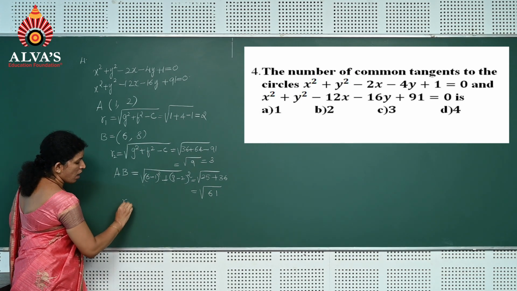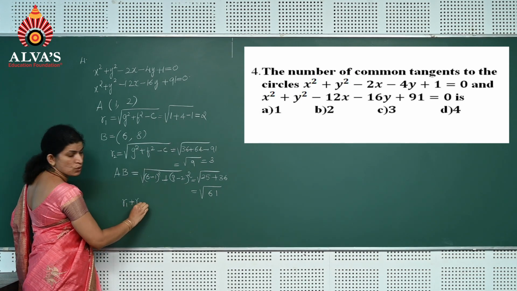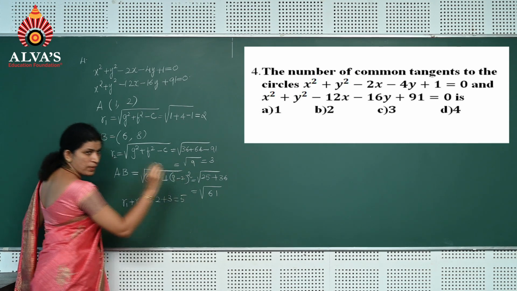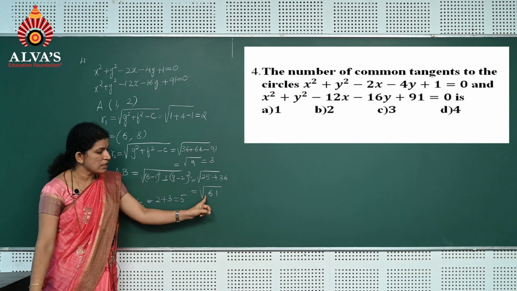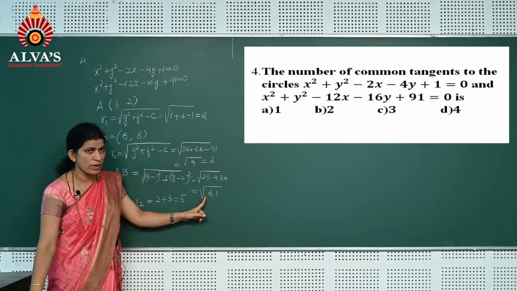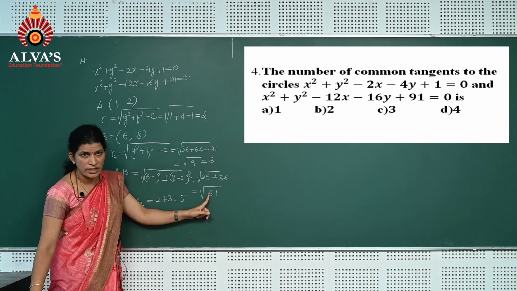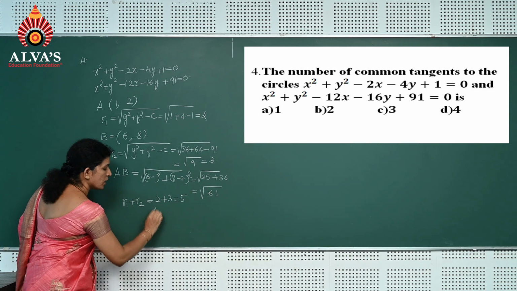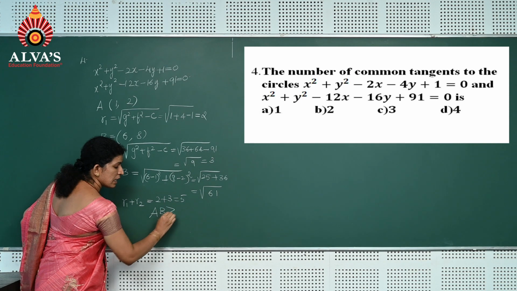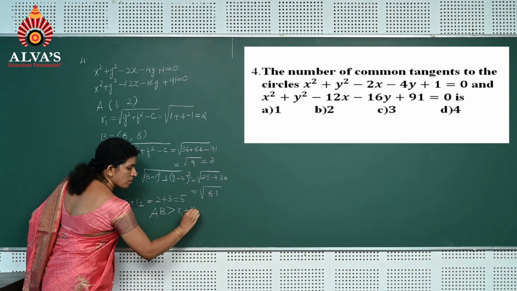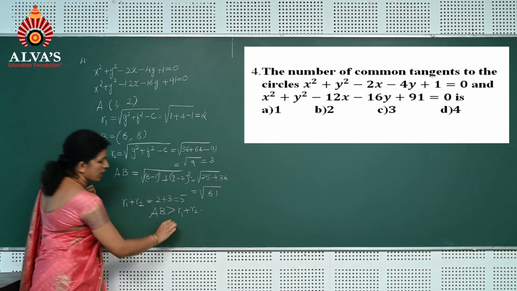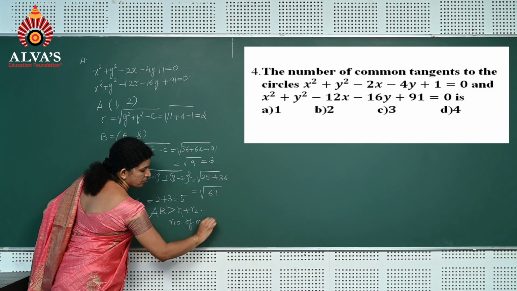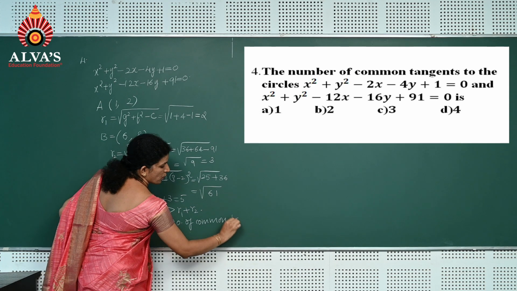Now R1 + R2 = 2 + 3 = 5. Here AB is nothing but the square root of 61. The square root of 61 is 7 point something. So clearly AB is greater than R1 + R2, so that the number of common tangents is equal to 4.